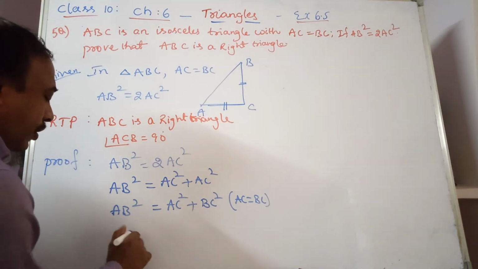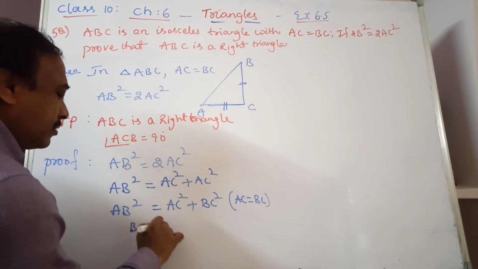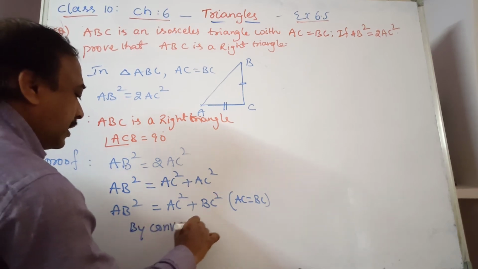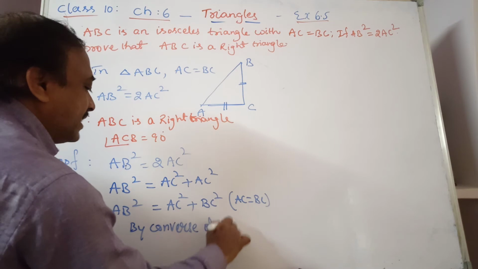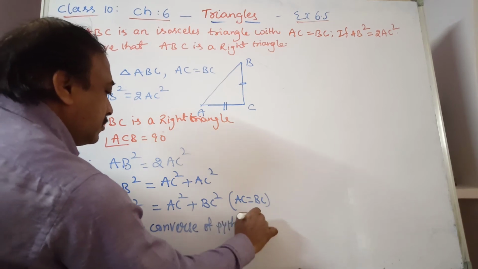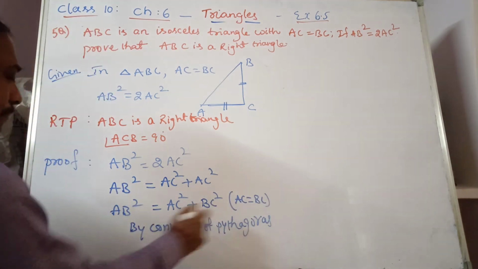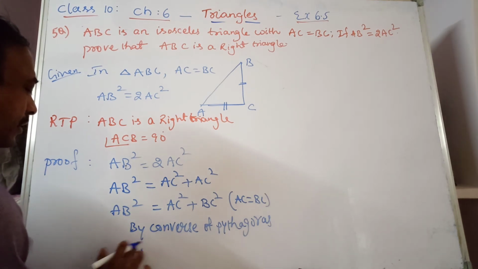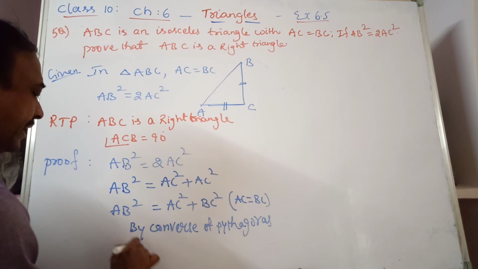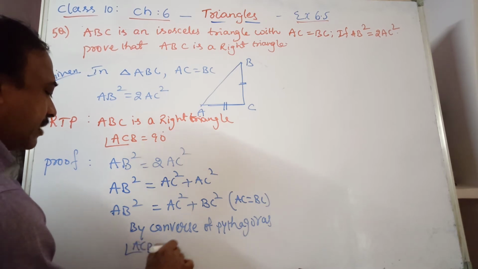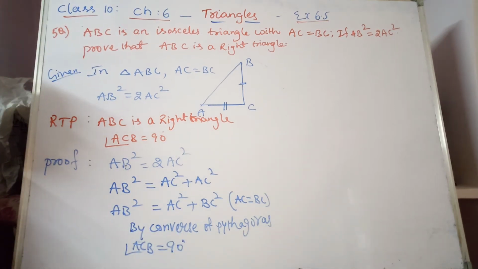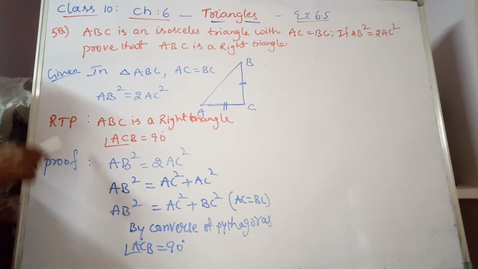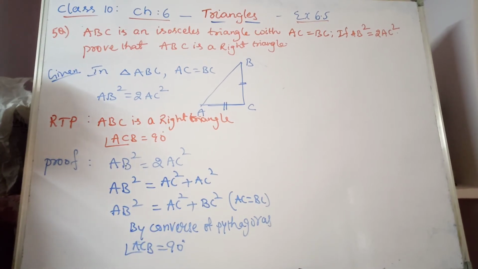Therefore, by converse of Pythagoras, angle ACB is equal to 90 degrees.